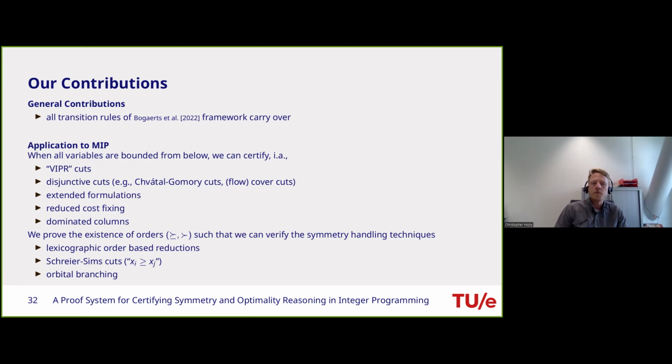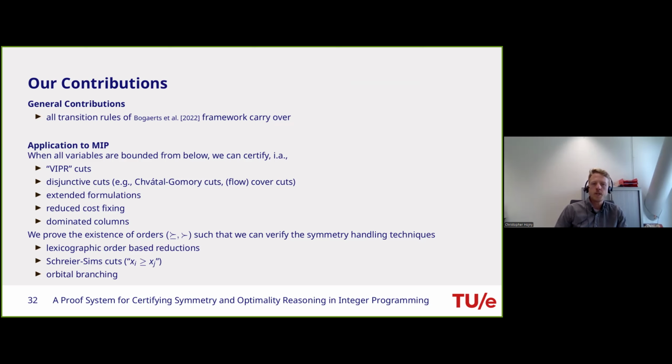And to be able to do so, we need to derive a pair of orders, this pre-order and the strict order, that can be used, for instance, for this dominance-based strengthening and redundancy-based strengthening. And ideally, we should design these orders in such a way that also symmetry handling techniques can be verified.